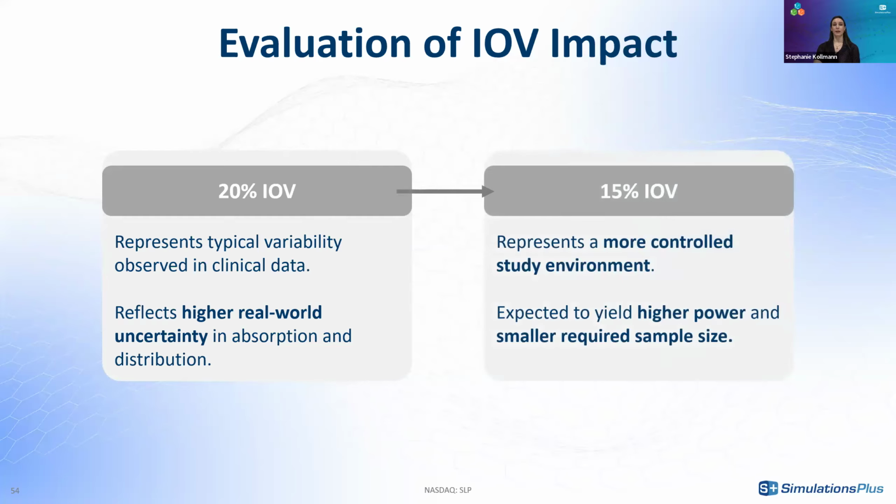The 15% IOV case, on the other hand, reflects a more controlled study environment, like a tightly managed single-center trial. With lower IOV, we'd expect higher power and smaller required sample size, simply because there's less random variability influencing the results. So here we compared 15% to 20% to see how much that change influences the power estimates in our simulations.